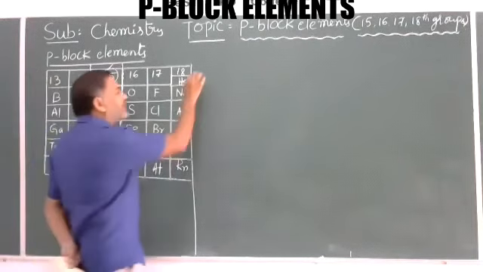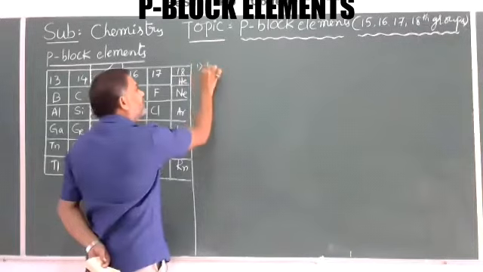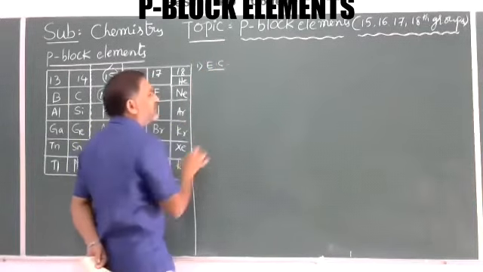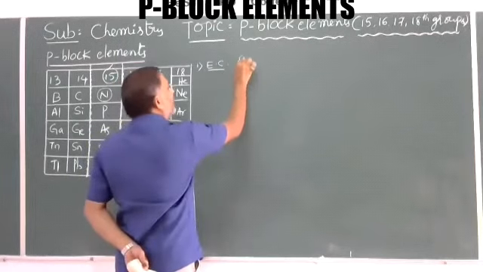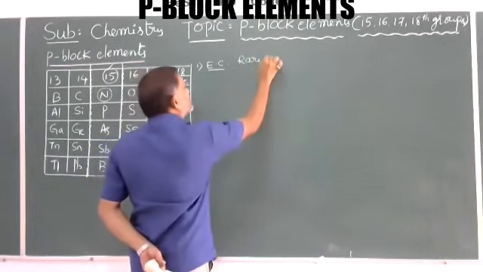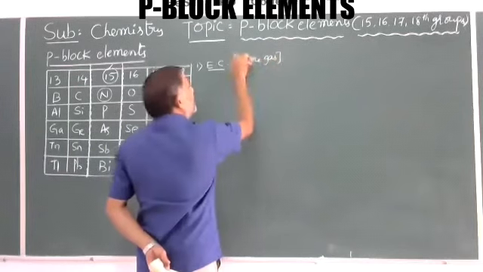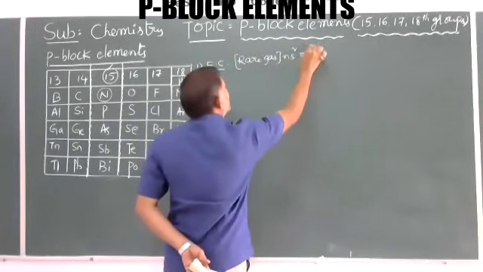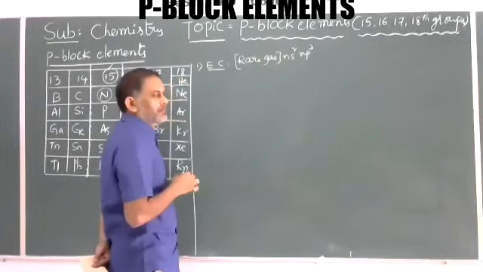Once we observe the electronic configuration of these 15th group elements, the general one is rare gas ns2 np3.